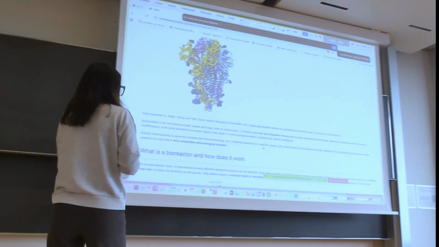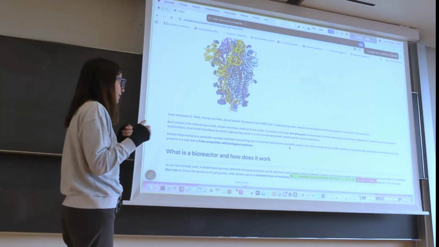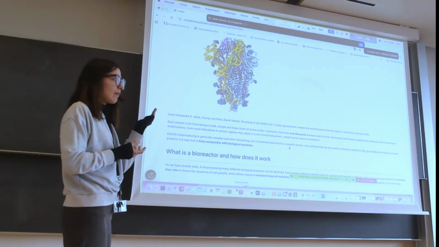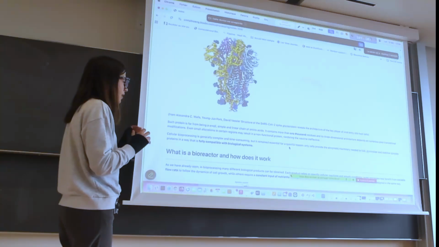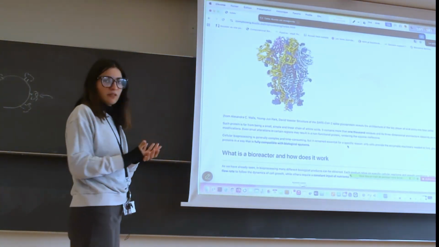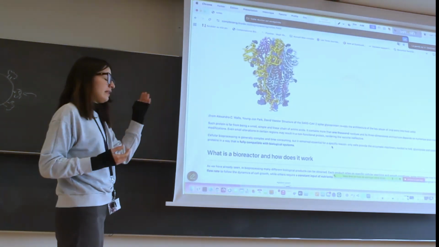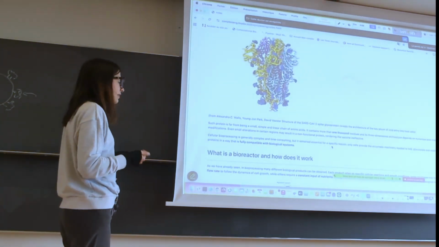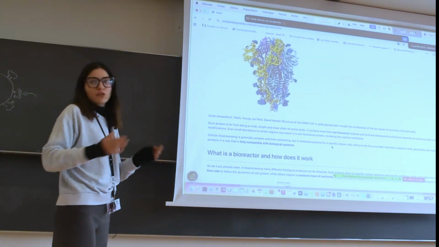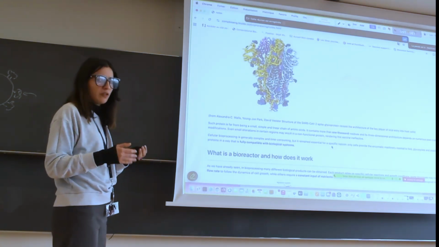And there is also another important thing to stress: if we miss something in the 3D structure, the protein that we get can be not functional.